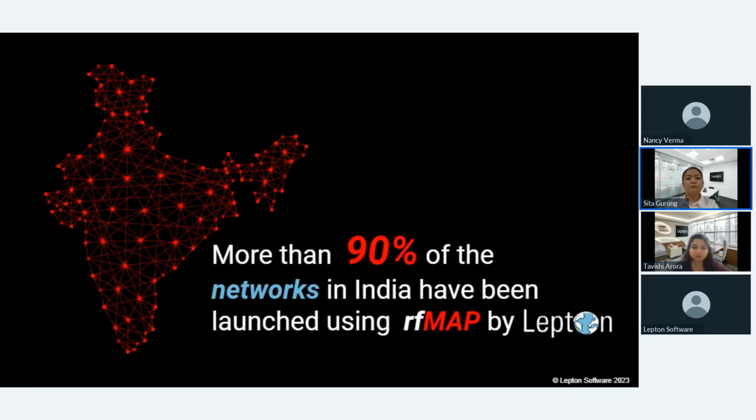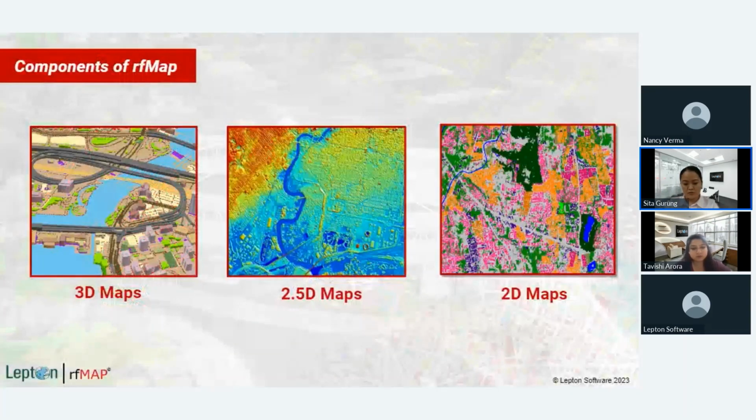Let's talk about the components of rfMap. Depending upon your planning needs, and the technology you are using or want to deploy, we have 3 different solutions within rfMap. The very popular and demanding component is 3D map, which we are going to discuss today.